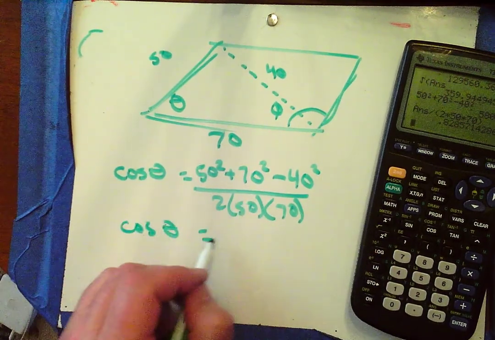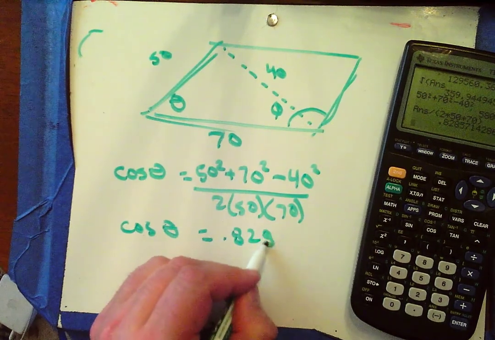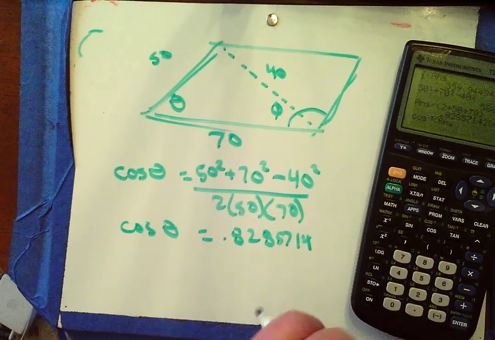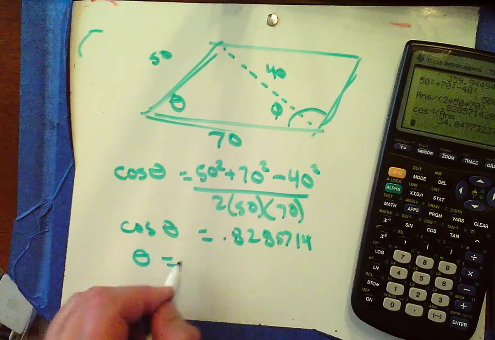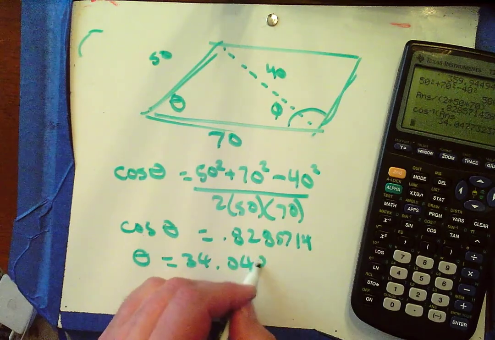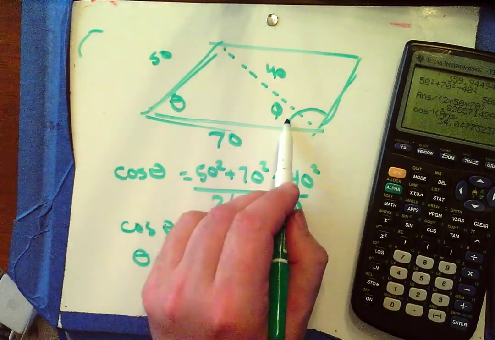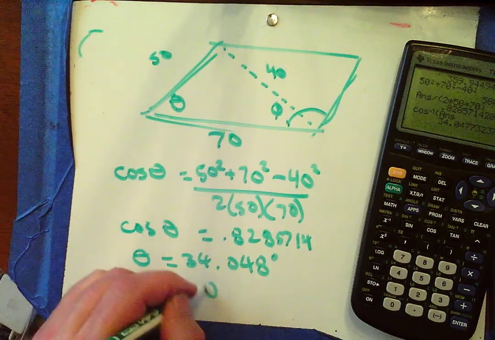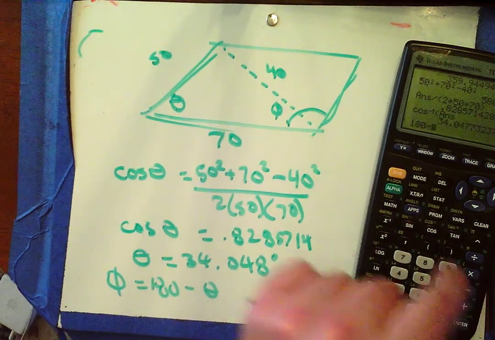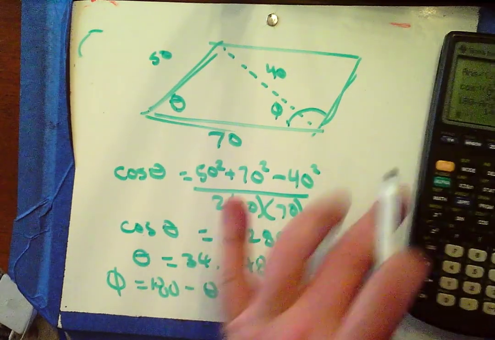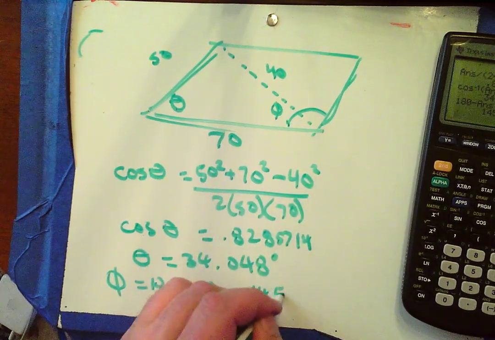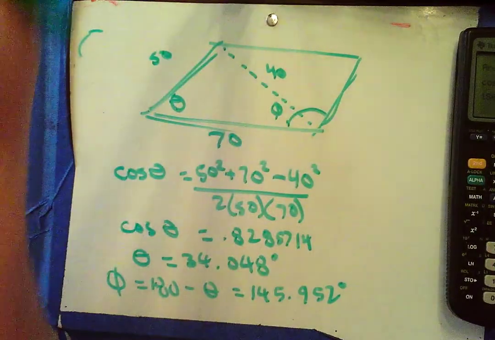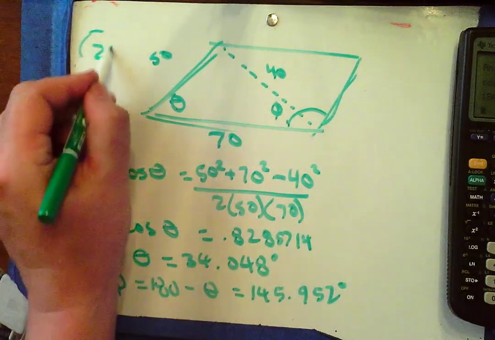Cosine of theta equals 0.8285714. We want the inverse cosine to figure out that theta equals 34.048 degrees. And phi, remember, is the supplement to that. Phi is 180 minus theta, so 180 minus that angle, and I end up with 145.952 degrees. Okay, so that's problem number 21.